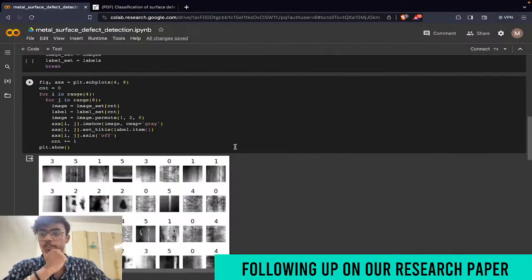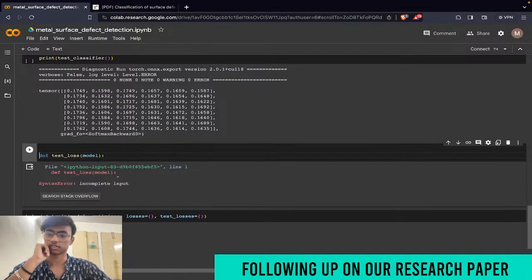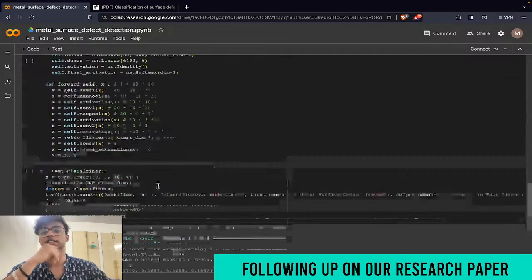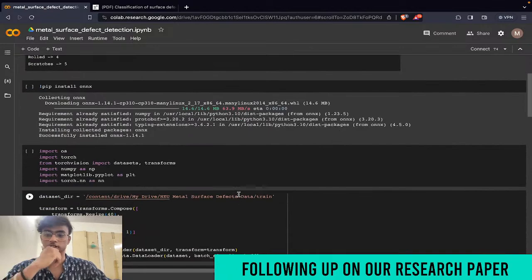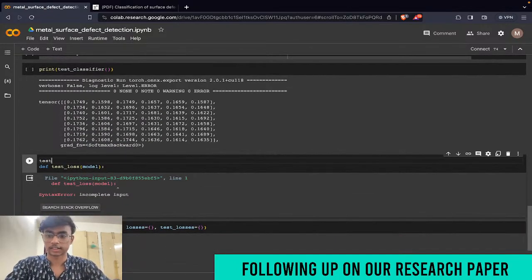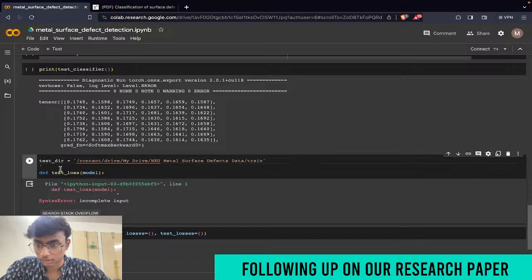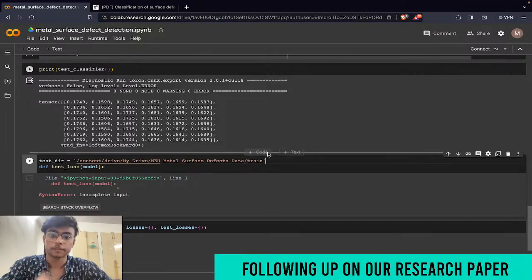So this is what we have written till now. First of all, I need to write a test loss detector. For the test loss, I will have to import the test data set. So we'll use this test directory. Okay, that's weird. Instead of going into the train, we'll go to the test.